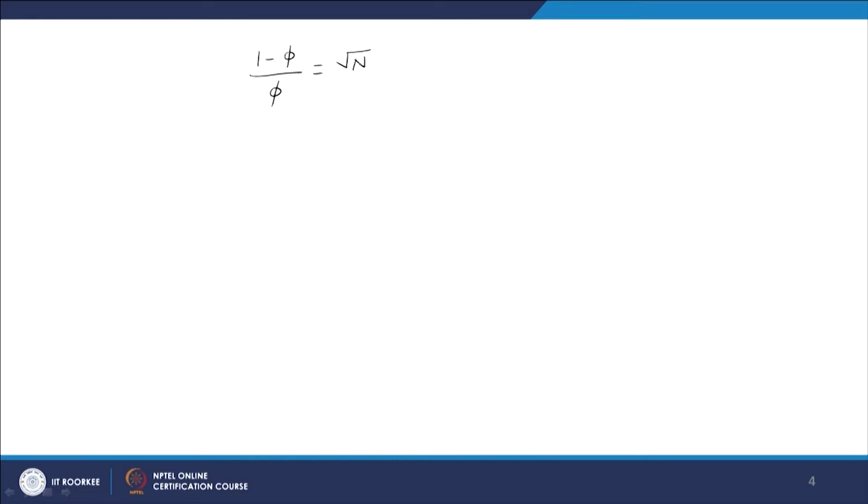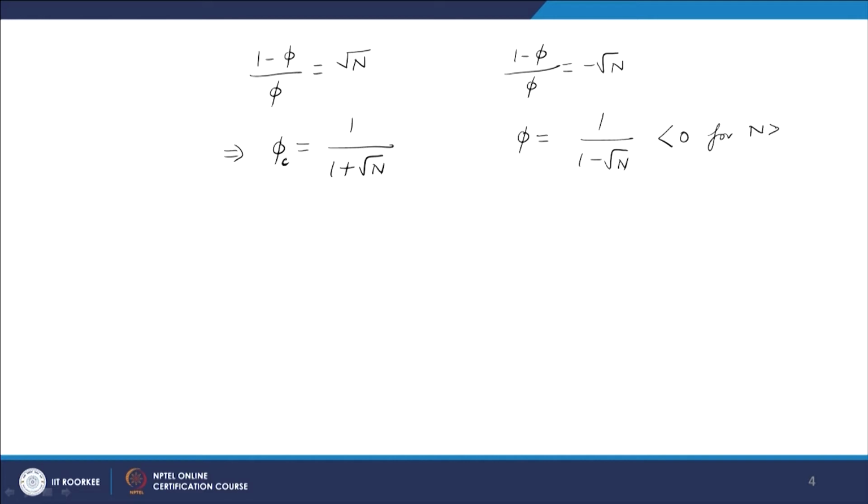Again you can try putting a minus root n there. So, essentially we will have phi is equal to 1 by 1 plus root n, that is the critical value. Let us see what happens when we use a minus value. So, phi comes out to be 1 by 1 minus root n, which is less than 0 for n much higher than 1, that is the case here. So, anyway, we can pretty much forget about this solution.